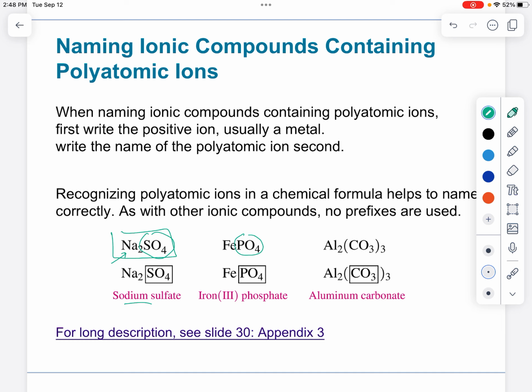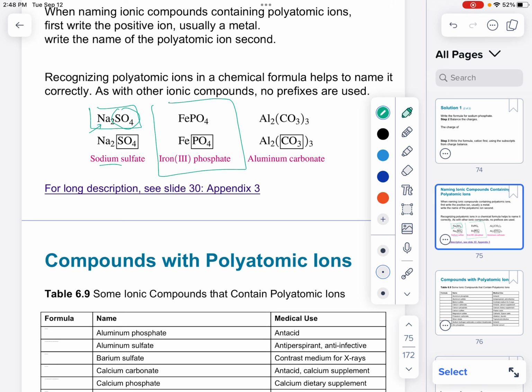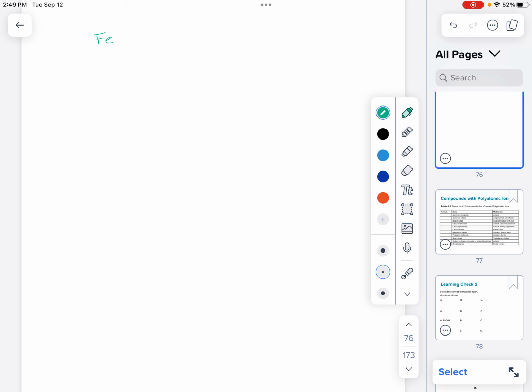Now this part is probably the most tricky, because now I have a transition element and a polyatomic ion. So iron could be plus 2 or plus 3. The way I would approach this is, FePO4. Then what is the name?